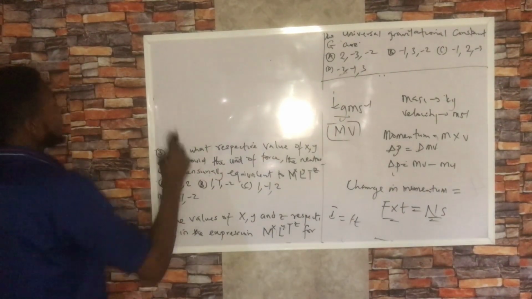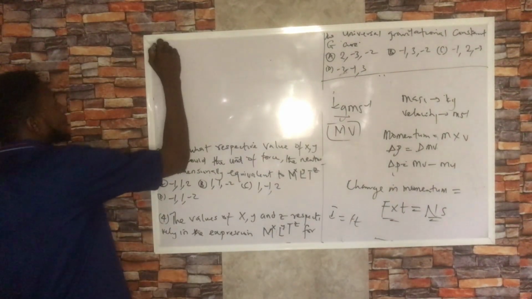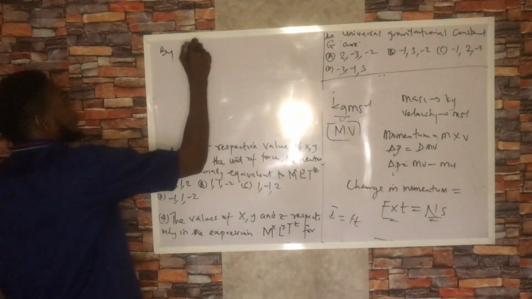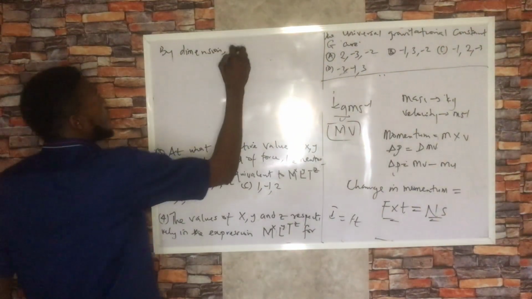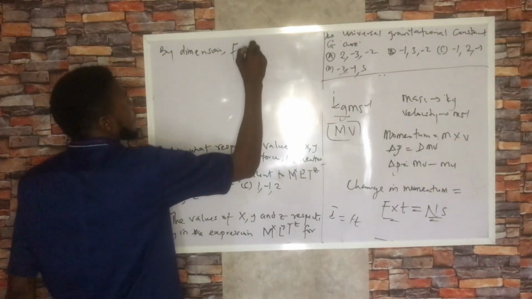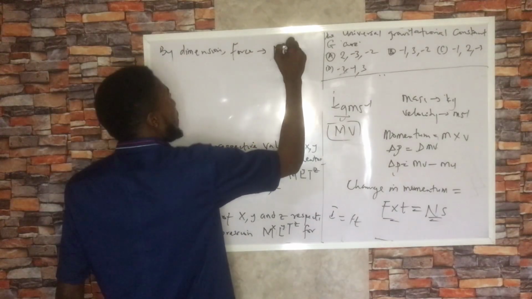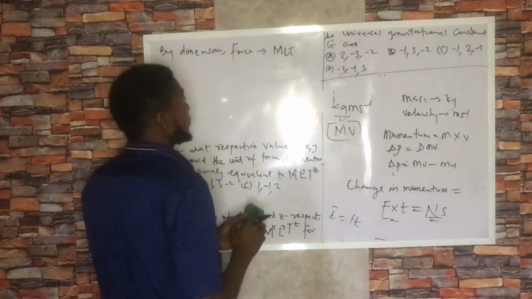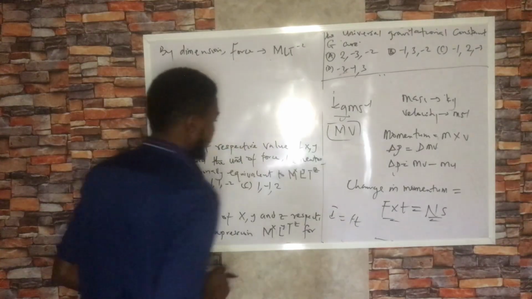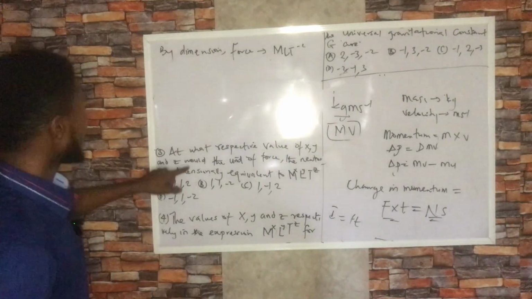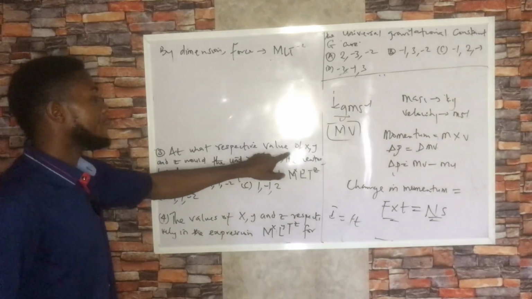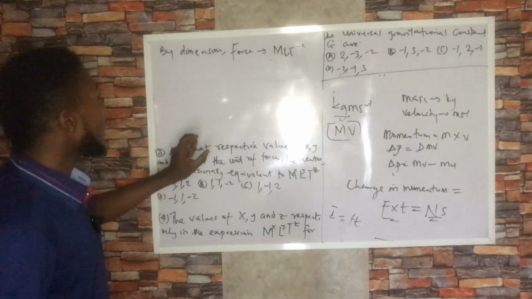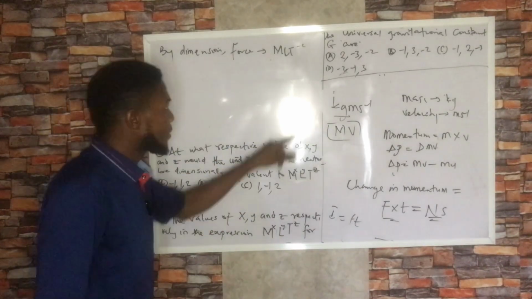So by dimension, force is what? MLT raised to power minus 2, by dimension. Now the question is at what respective values of x, y, and z? So what we are going to do is compare this with this.